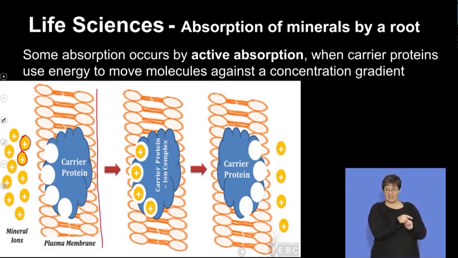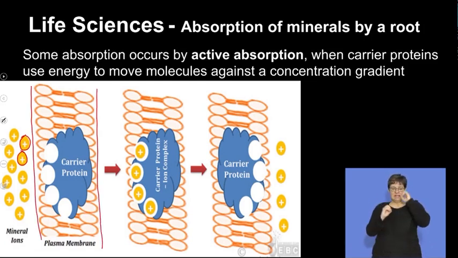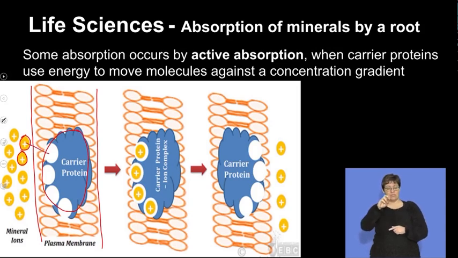This is the cell membrane here, and that is our carrier protein. The minerals attach to the carrier protein. You can see them here. And the carrier protein uses energy to move those minerals to the inside of the cell, and they can then move into the cytoplasm and be used for whatever it's needed.